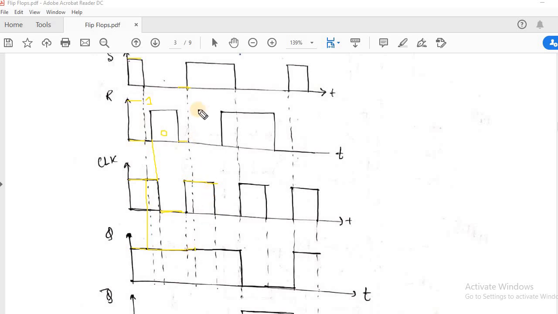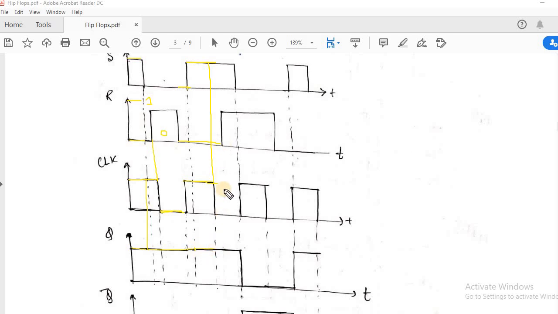Now here S is 1 up to this, R is 0 up to this, and I draw a line like that. So from here to here, when the clock is high, S equal to 1, R equal to 0, so the output will remain 1.